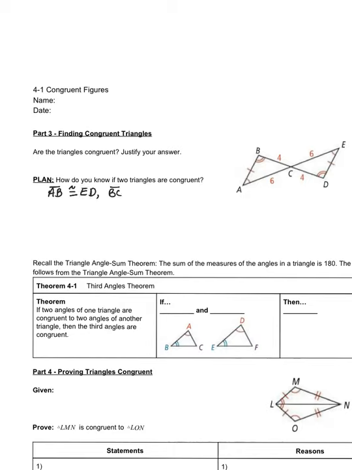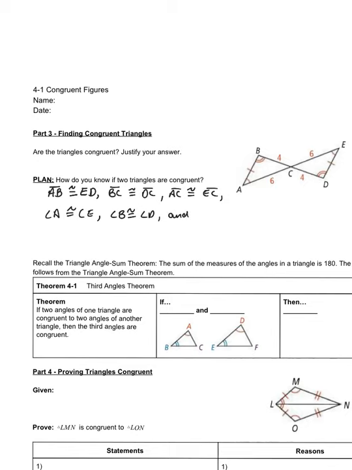BC is congruent to DC. AC is congruent to EC. And angle A is congruent to angle E. Angle B is congruent to angle D.